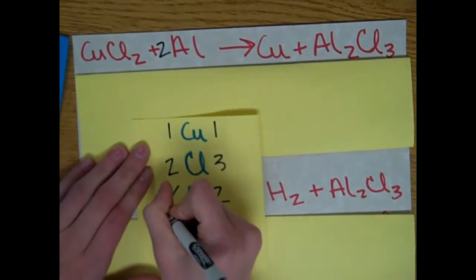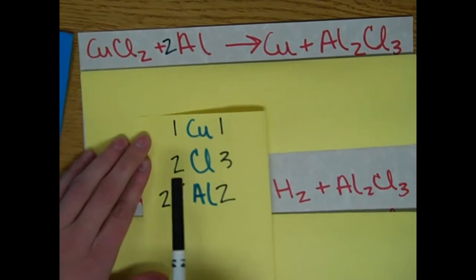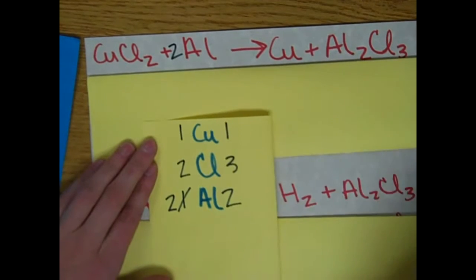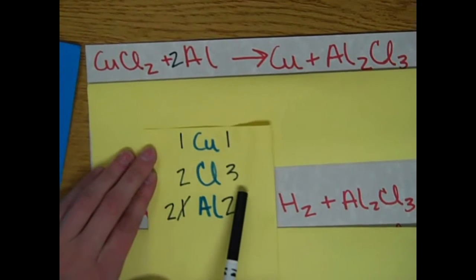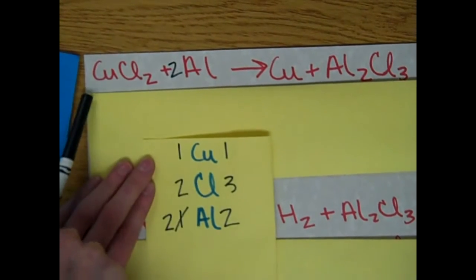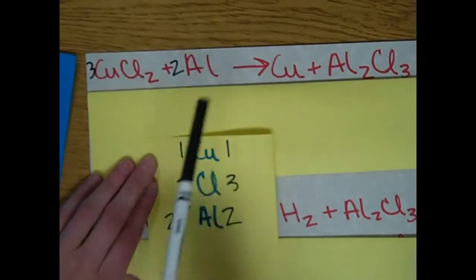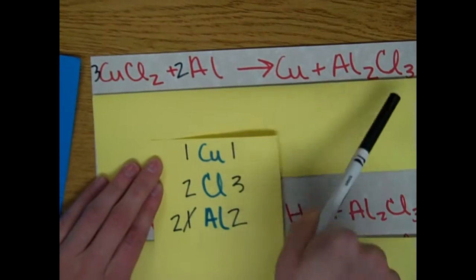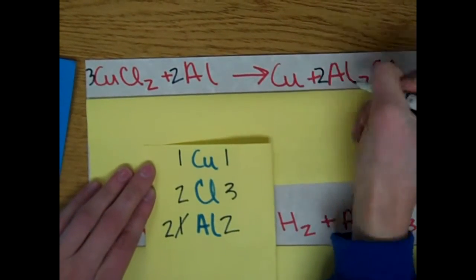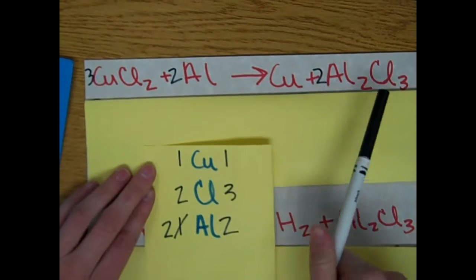So that changes that to 2. So now the chlorine is not equal. Since there's 2 and 3 and there's no easy way to just double it, you have to put 3 in front of this, which is the opposite of there, and a 2 in front of there. So now they should be balanced.